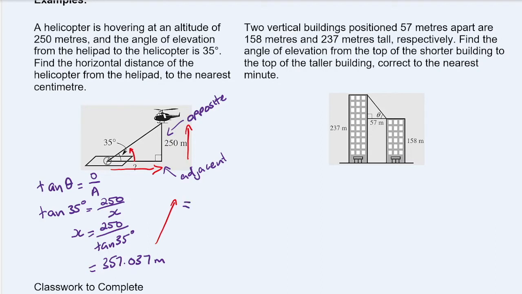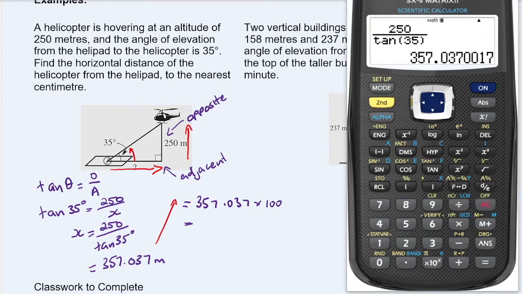So it's actually going to equal 357.037 times 100. Let's do that. And this is what we get: 35,703.7.